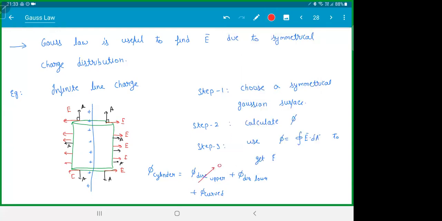This is 0, this is 0, since E is perpendicular to A. On the curved surface, E is parallel to A, so the flux is E into the surface area, 2 pi R into L, where R is the radius of the cylinder and L is the length. So far clear?